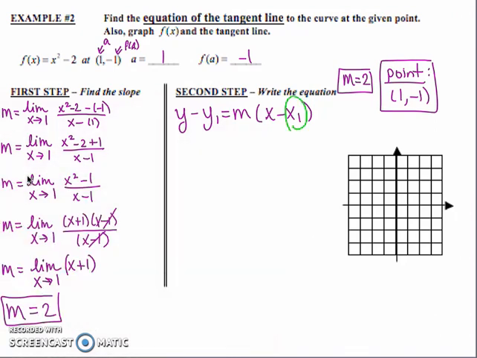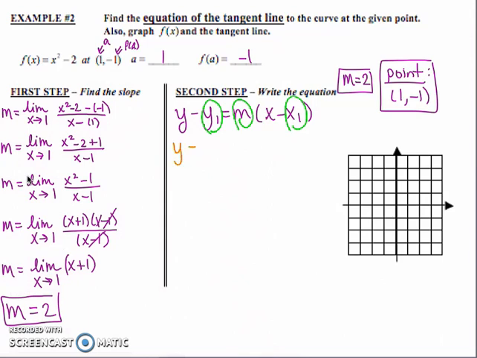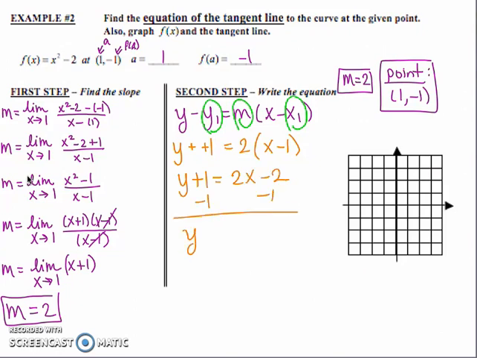We're going to plug in our ordered pair for x1 and y1, and we're going to plug our slope in for m. So when we do that, we end up with y minus -1 equals 2 times x minus 1. That minus a negative becomes plus. y plus 1 equals 2x minus 2. And then we subtract 1, and we end up with y equals 2x minus 3.